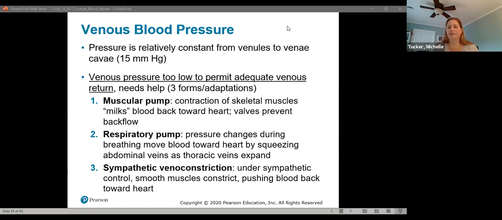So a large lumen and valves are their adaptations, and then systemic assists are the muscular pump from skeletal muscle, the respiratory pump from breathing, and then sympathetic venoconstriction. So the sympathetic system can get the smooth muscle to constrict and help with venous return. This becomes important also during exercise.